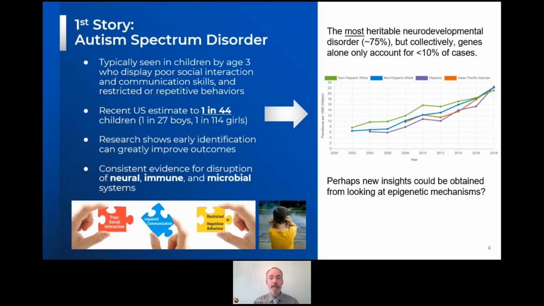In fact, even if you add up all the known syndromic causes of ASD, which are fairly uncommon, and all the strongest, more common genetic risk factors, you're still only able to account for about 10% of the cases. So something else must be involved. Perhaps something related to genes, but also responsive to the environment, or epigenetic in nature.